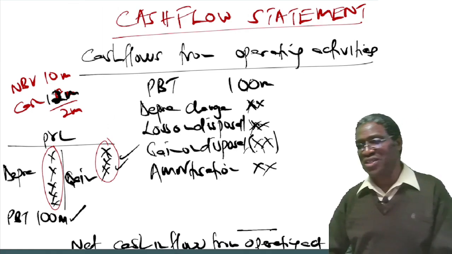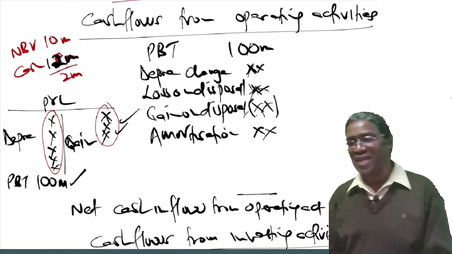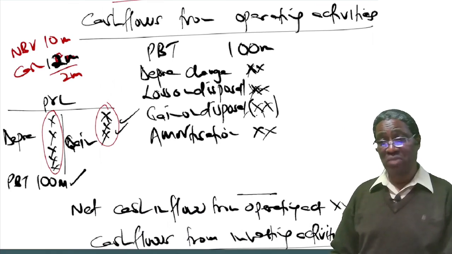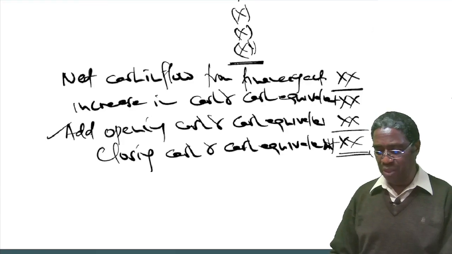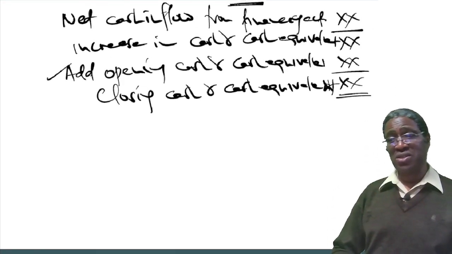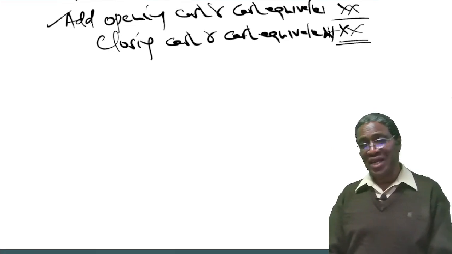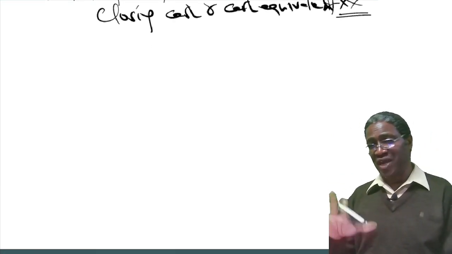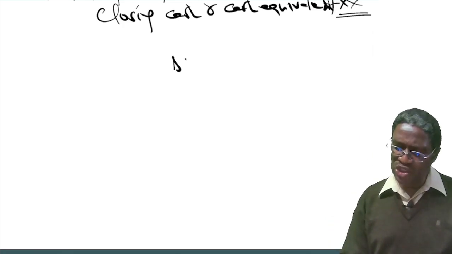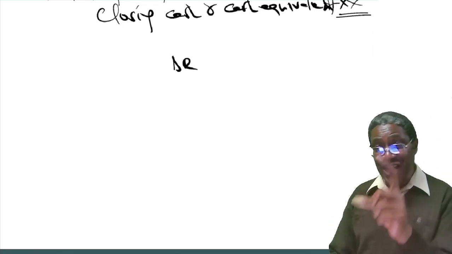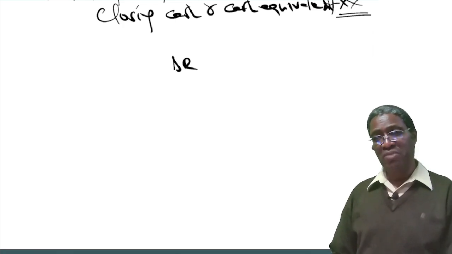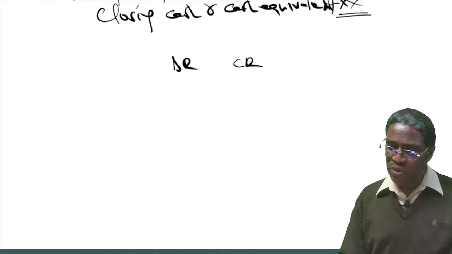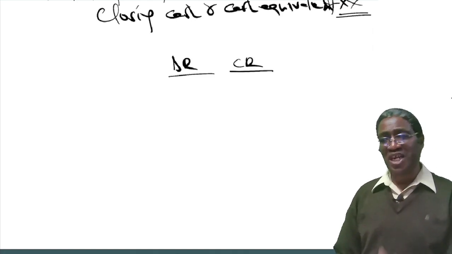Good. Somebody has given me another one. That is finance cost. That one is what I want to talk about in detail. Let me discuss it separately by asking you a question. In your financial accounting, if you remember, you did a topic called company accounts. In that topic, you were given a trial balance.